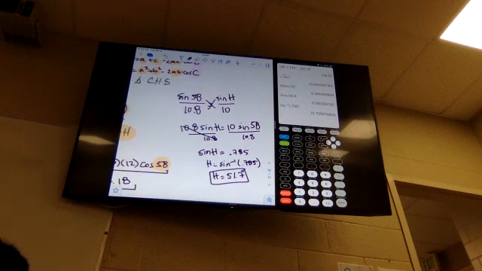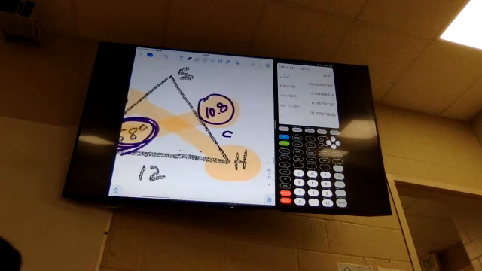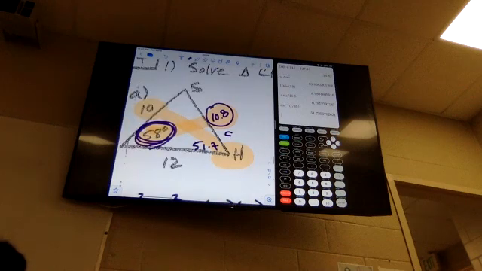Anybody any questions? So I'm going to label H as 51.7. And then again, I know that all the angles add up to 180, so I'm going to do 180 minus 58 minus 51.7, and I get 70.3.